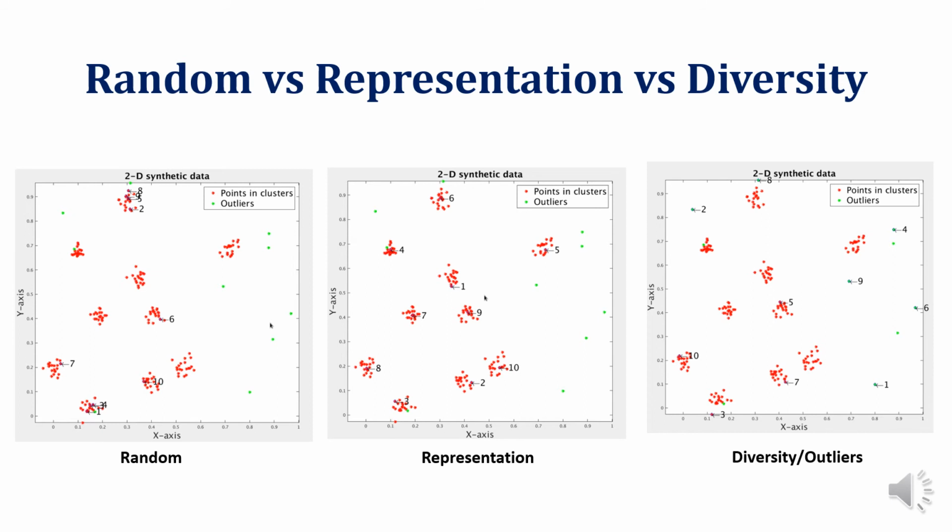If you're only looking at diversity, the points here, 4, 9, 1, 2, etc., which are really outliers, get picked up. Whereas if you want representation, you really try and cover all these clusters, but it might happen that you end up missing isolated points, which should also be covered, which is actually the case. There are lots of isolated points. So this is where there's a trade-off.